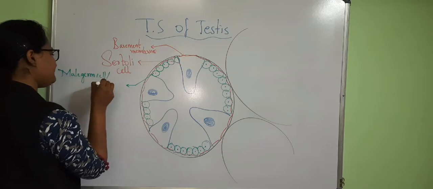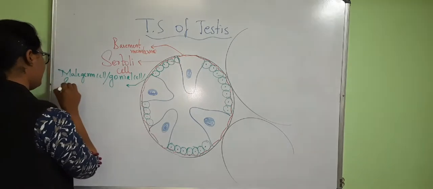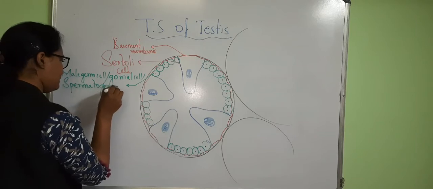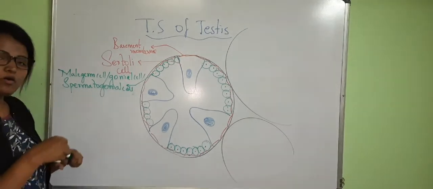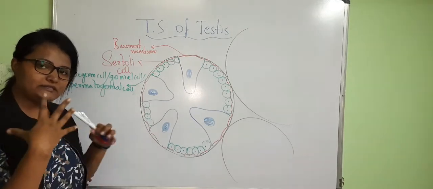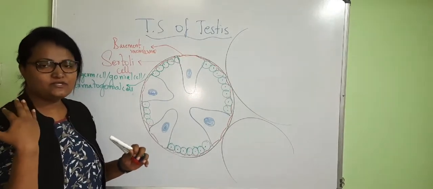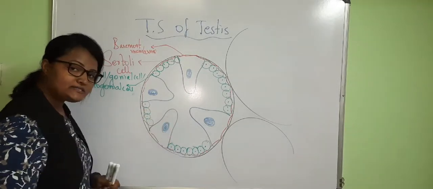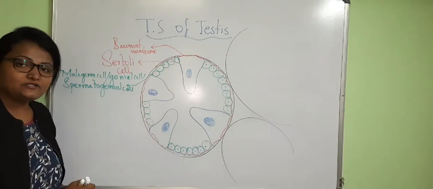Male germ cell, gonial cell, or we'll write spermatogonia, spermatogonial cell. So the inner lining of one seminiferous tubule section is lined by 2 kinds of cells. One is a nurse cell called Sertoli cells, and another is these spermatogonial cells, that is male germ cells.